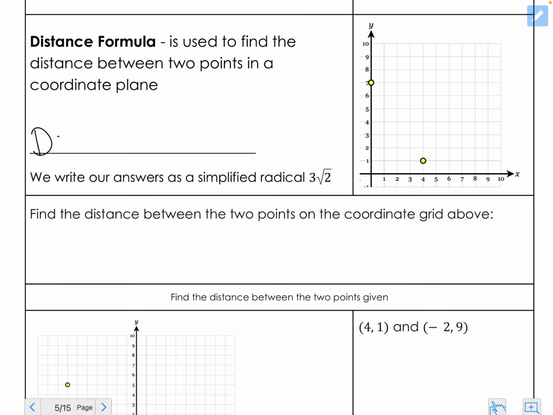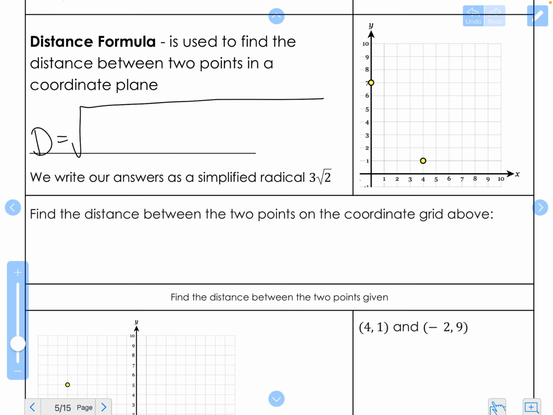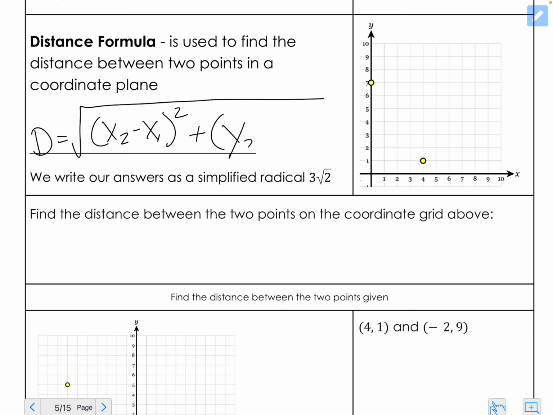So our distance formula is distance equals, and then we're going to have a really big square root. So we're going to go parentheses x2 minus x1 parentheses squared plus y2 minus y1 squared. We are always going to write our answers as simplified radicals when we use distance formula.